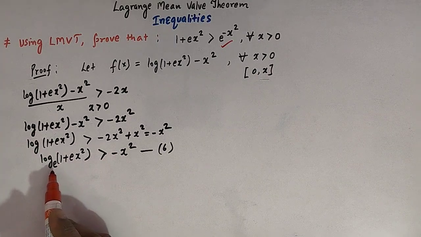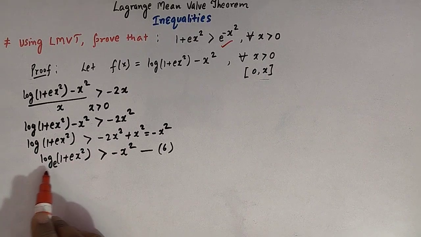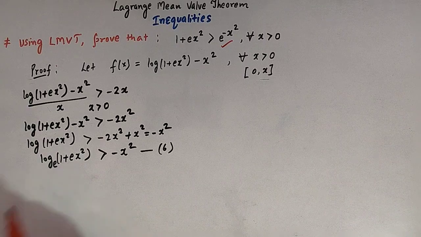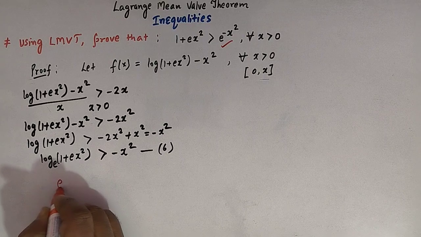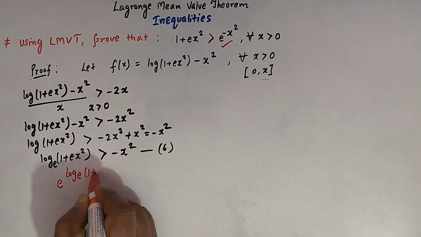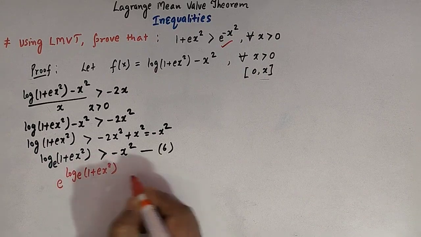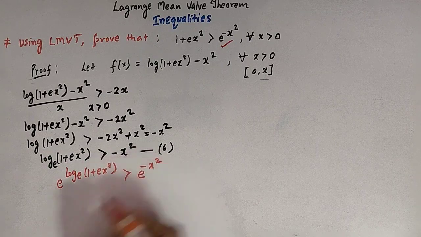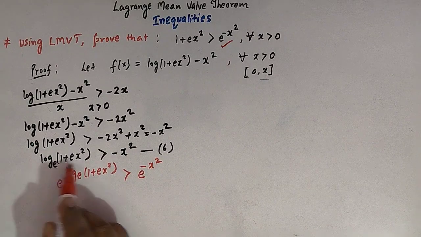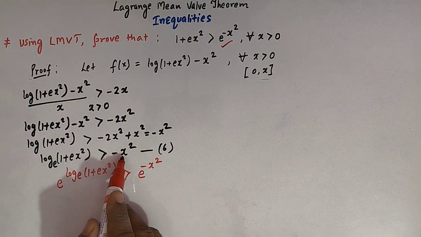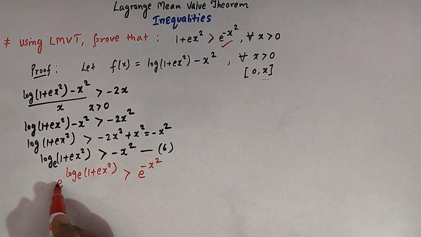Or we can say in other words that we can raise both these terms to the power of the exponential number e. So we can now write e raised to log of 1 plus e^(x²) is greater than e raised to minus x². So what we have done here, we have taken the power of both sides to the exponential number.